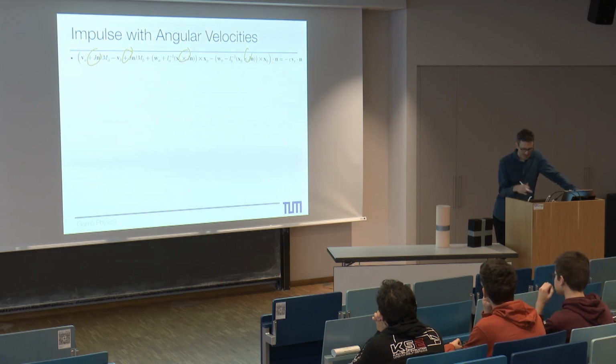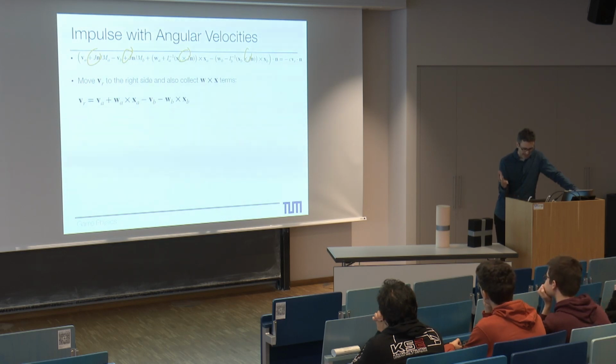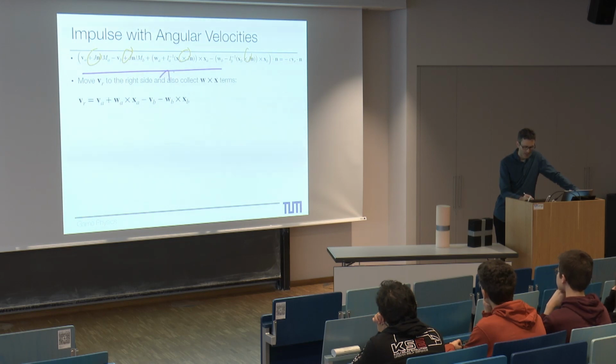We can just pull it out and get an expression for j. Now, one thing, just like before, in here we have the relative velocity. We have 1 VR. Now we have the full one, not just the linear one.